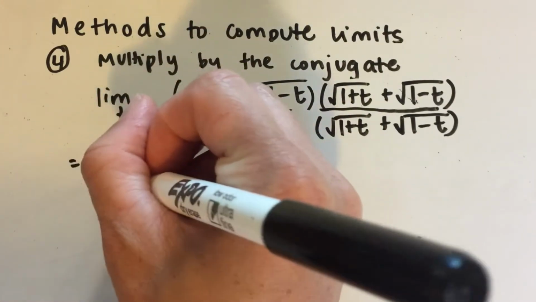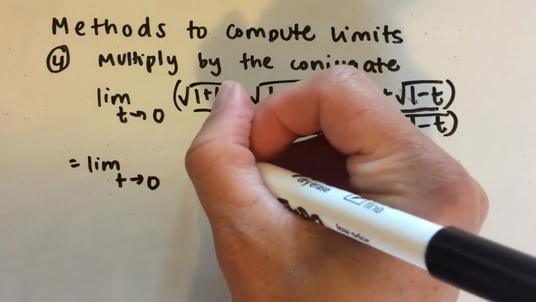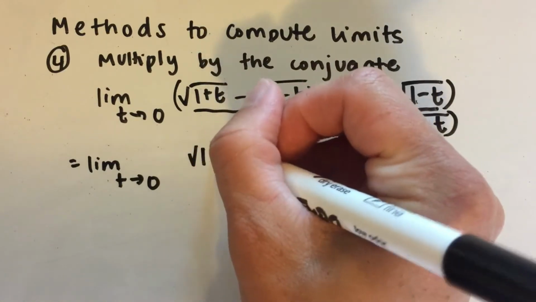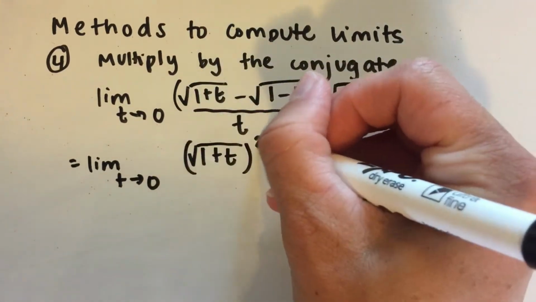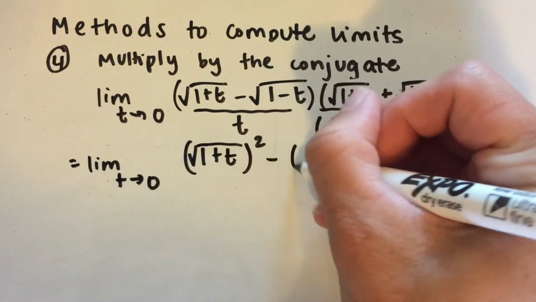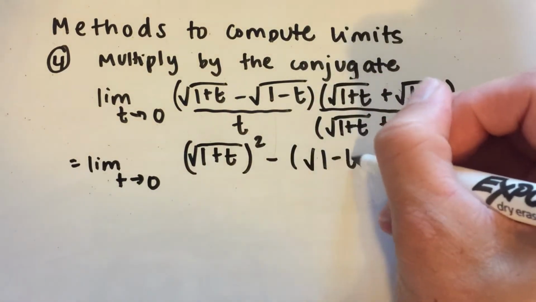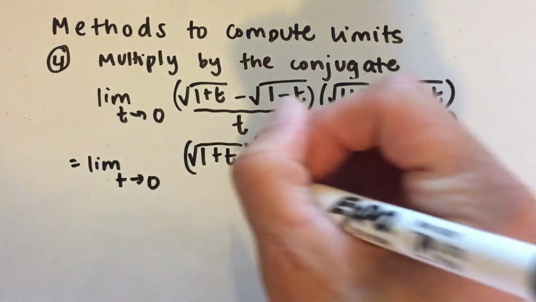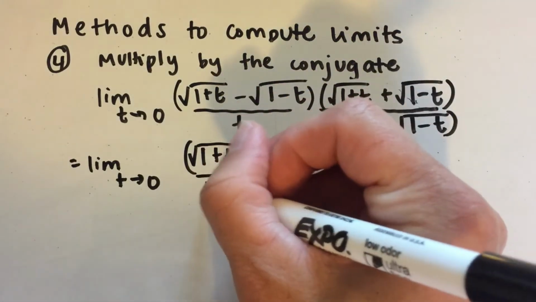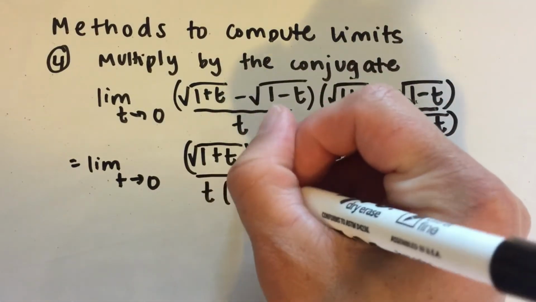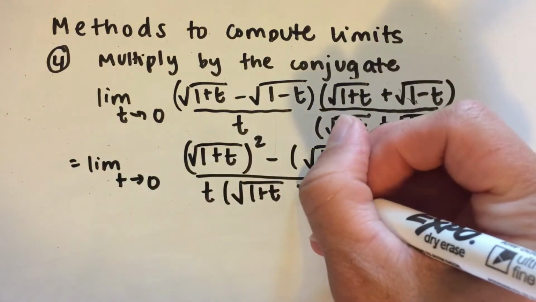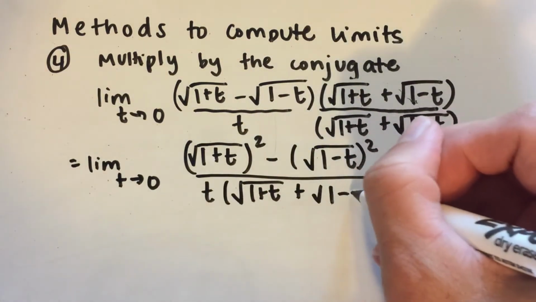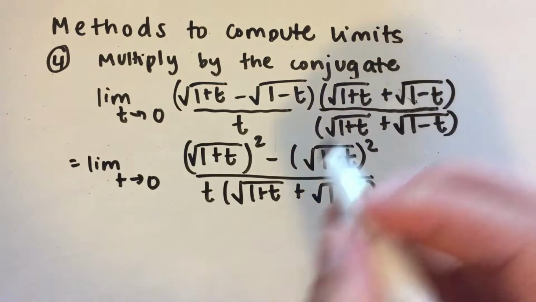And now I will get the limit as t goes to 0 of 1 plus t, the square root, squared, minus the square root of 1 minus t, squared, divided by t times 1 plus t to the 1/2 plus the square root of 1 minus t.